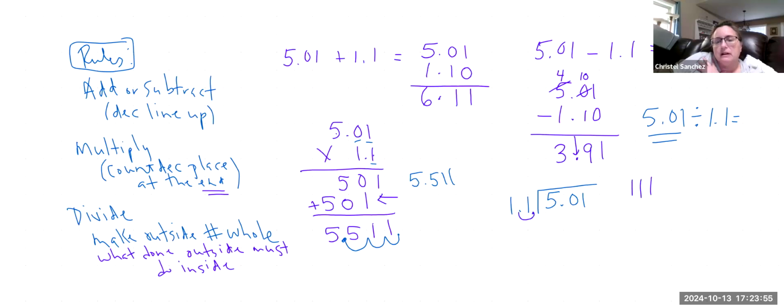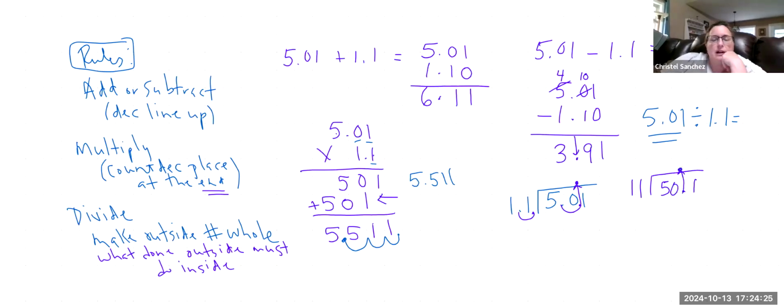Okay. Now, because I moved this decimal one place to the right on the outside, I got to move it one place to the right on the inside. And then I'm going to go ahead and bring this up because at this point, that decimal place will not change again. Okay. And then I always rewrite it because all these lines can get me confused. So I have 50.1 and my decimal point is going to be right here.